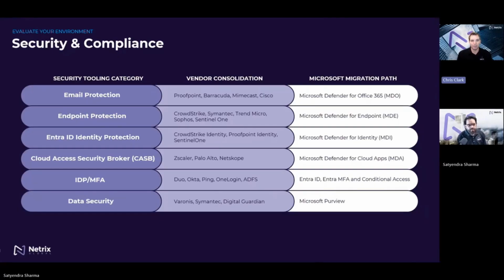So if we look at email protection, we commonly run into other third-party tools like Proofpoint, Barracuda, Mimecast, Cisco. And if you already own E5 licensing, or maybe you have the E5 security add-on with Microsoft 365 E5 as another potential option, or if you're just looking at a security tooling consolidation exercise here and potentially looking at E5, this is a great way to understand where that tool overlap is, right, and where the consolidation points are.